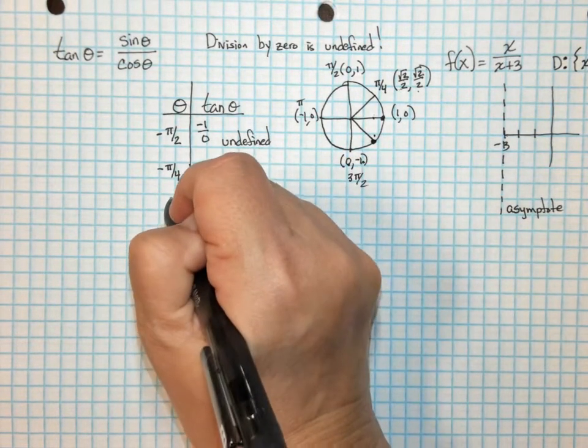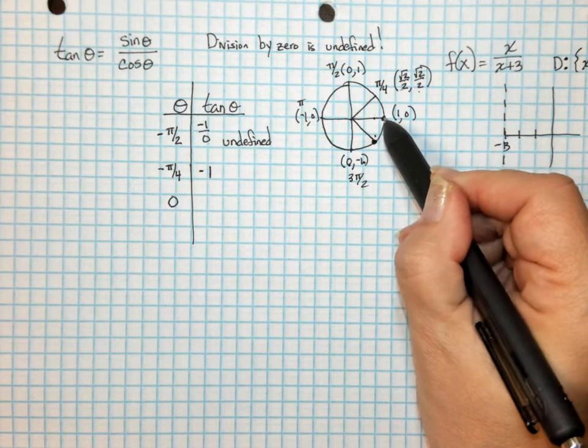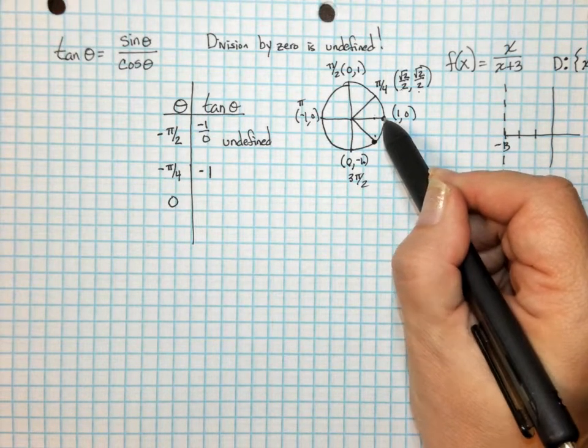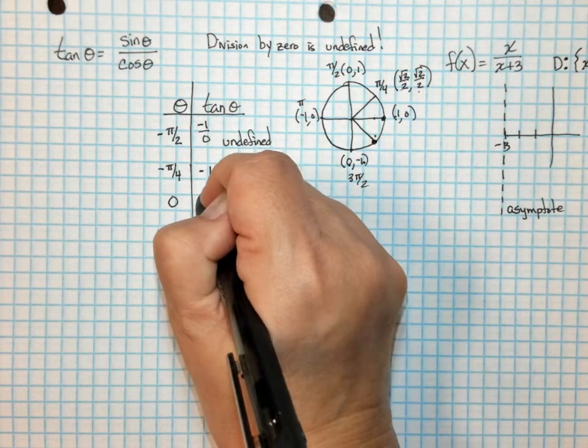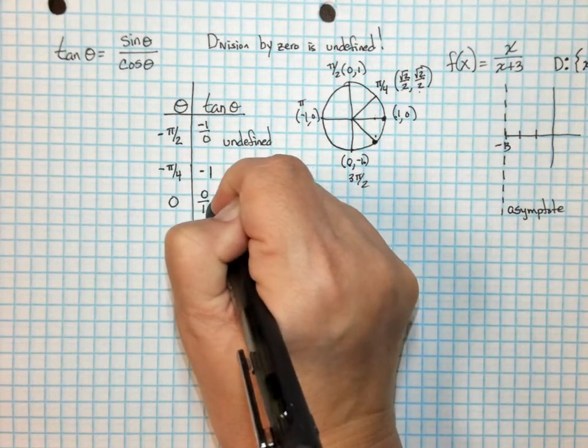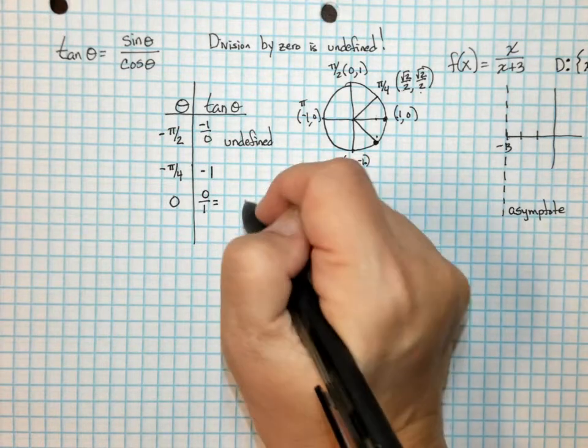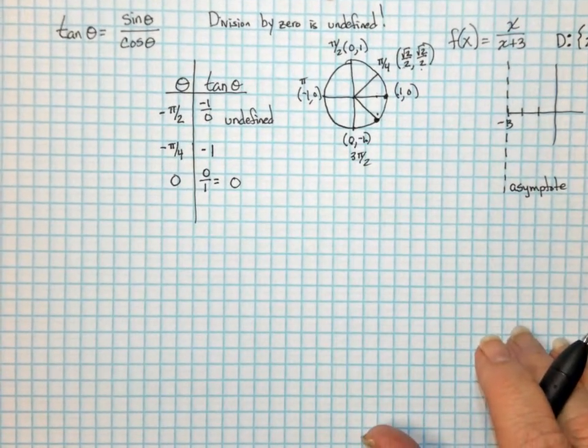Alright, now what about at 0? So at 0, sine is 0 and cosine is 1. So tangent is 0 over 1, which is 0.